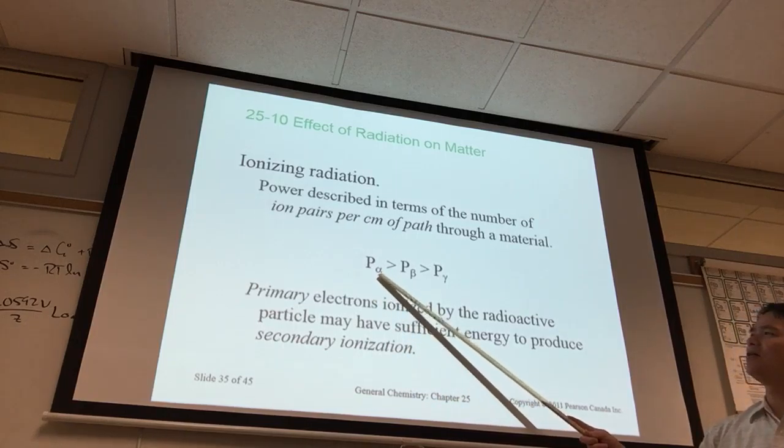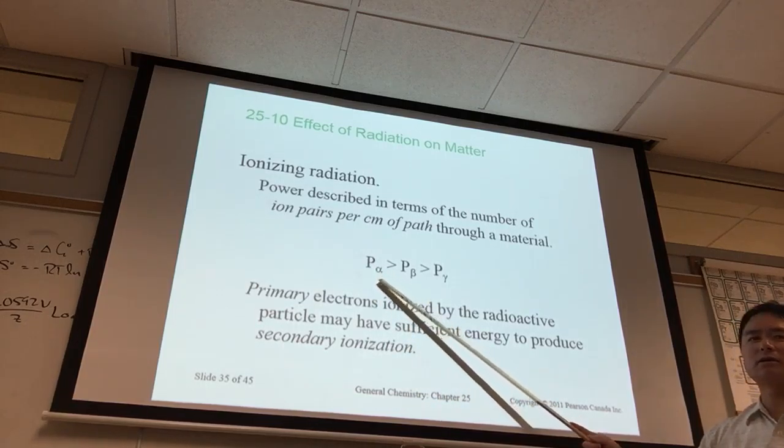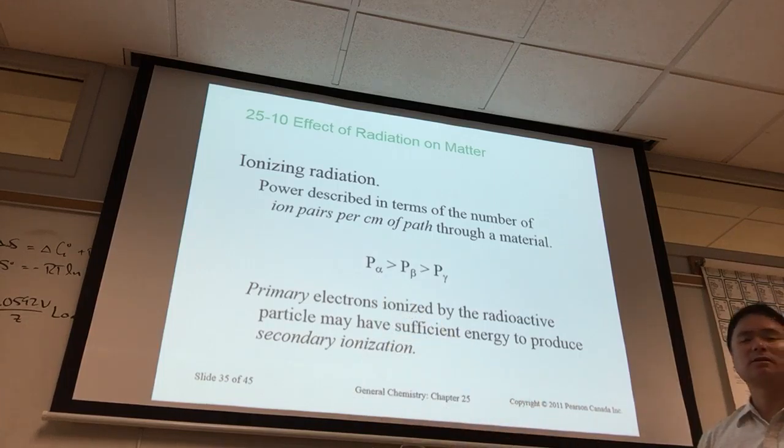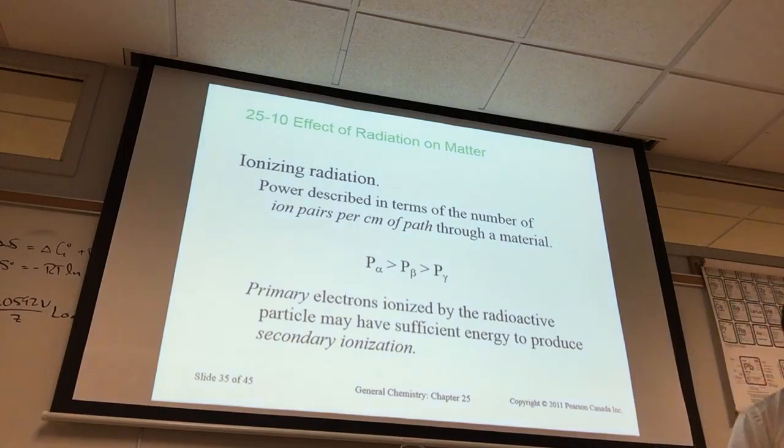But look at the power. Which one has the most power? Alpha particles. And so alpha particles are one of the most dangerous forms of radiation because of their ionizing ability. In fact, alpha particles would have an extremely high reduction potential, right? They're extremely powerful oxidizing agents.